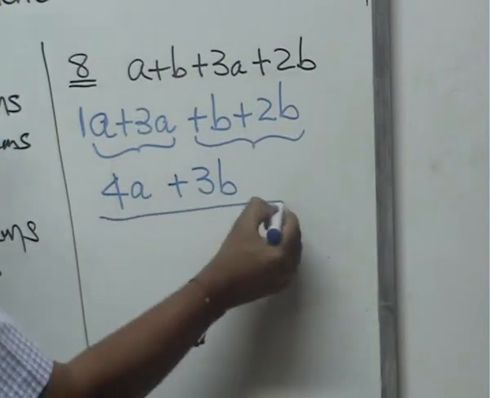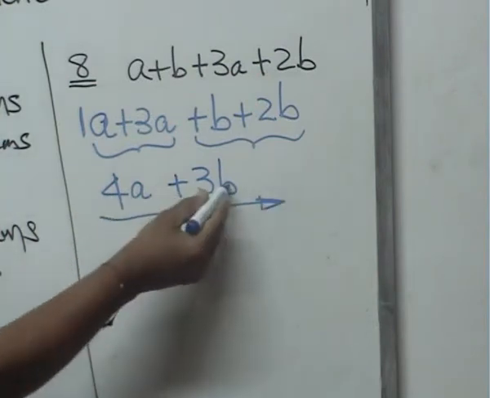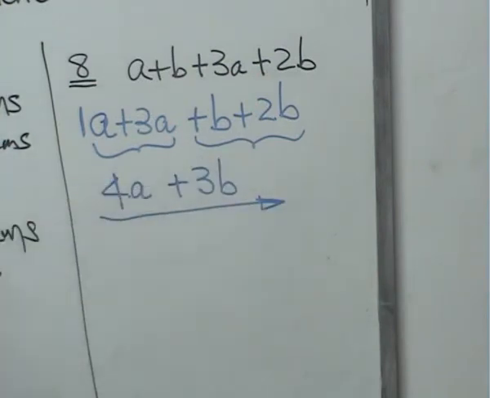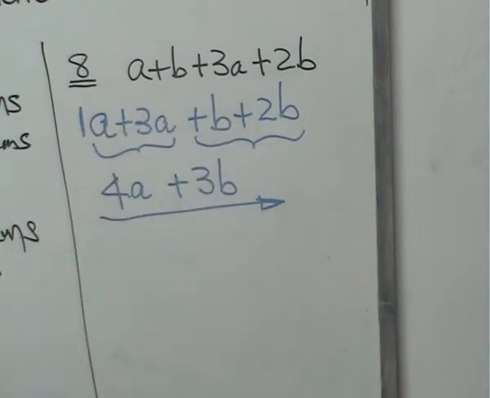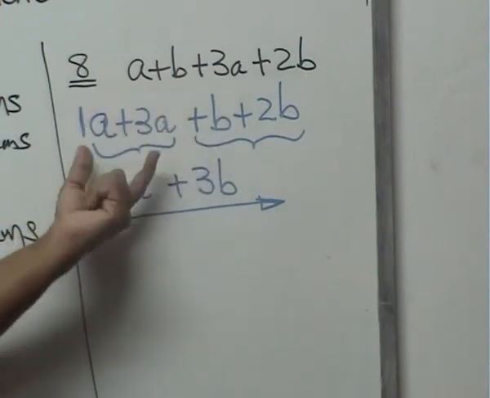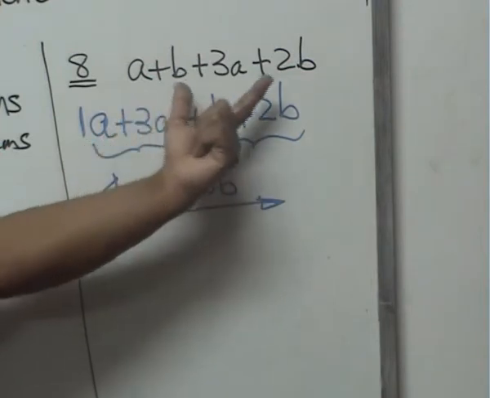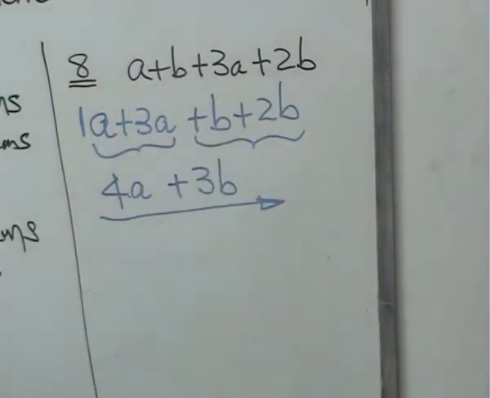And then when you look at this final answer here, these are unlike terms and they cannot be added. You can only add like terms. So here we were finding out what is like and unlike. Here we found an example where we had two sets of terms. The a's are like each other, the b's are like each other.